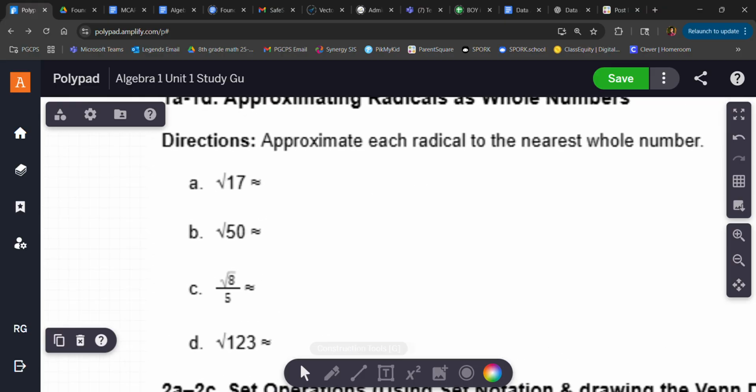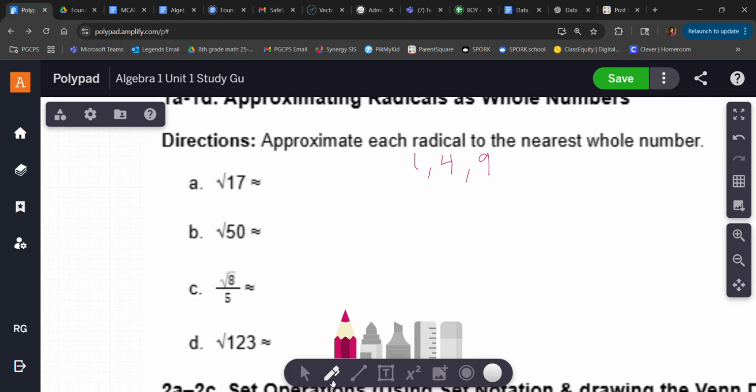And how we're going to do this is students will use the perfect squares, which is any number times itself. So for example, 1 times 1 will be 1, 2 times 2 will be 4, 3 times 3 will be 9, 4 times 4 will be 16, 5 times 5 will be 25, 6 times 6 is 36, 7 times 7 is 42, 8 times 8 is 64.